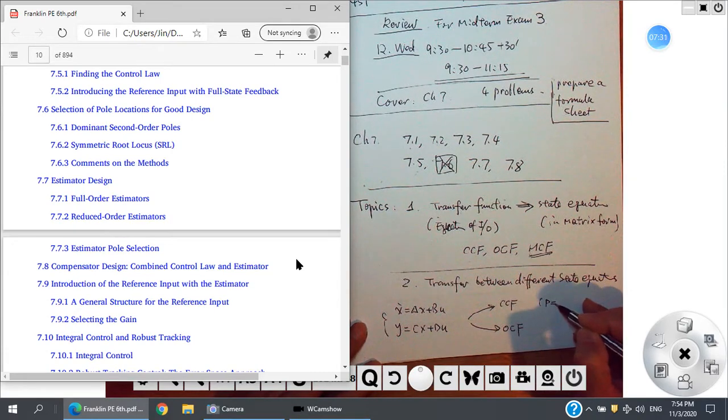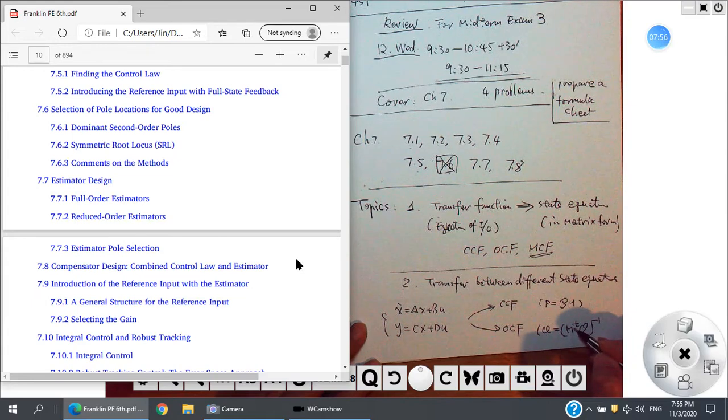The transfer matrix P will be C times that M. You should know what is M. And for this one, I use another matrix, I say Q, which will be M transpose times O, then with inverse. Sorry, I forget. This part is M inverse of M transpose.